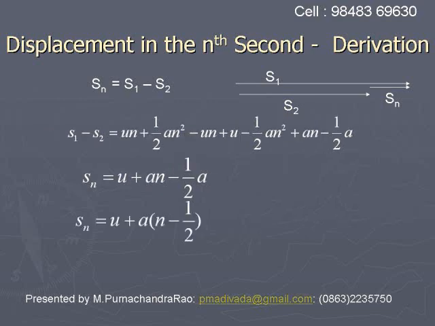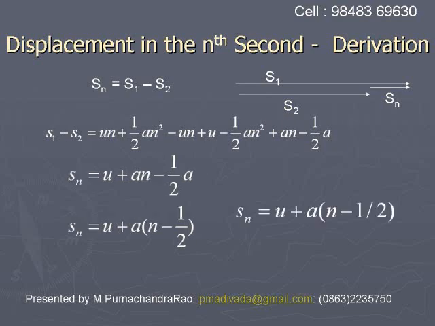This is Sn. Let us take a common. Then the relation becomes u plus a into (n minus half). This is the relation for Sn. So Sn is equal to u plus a into (n minus half).